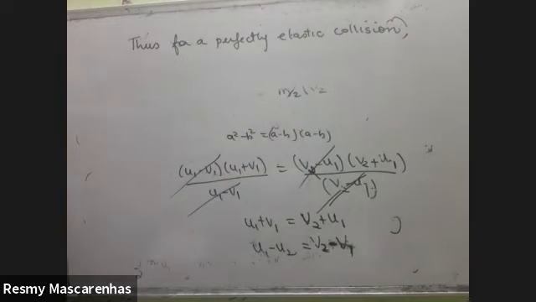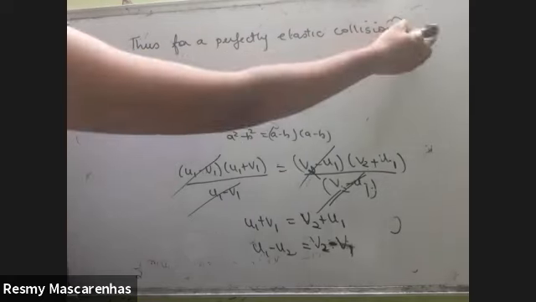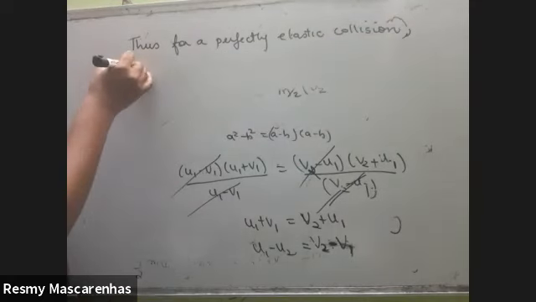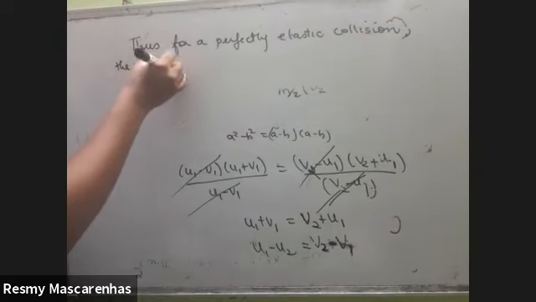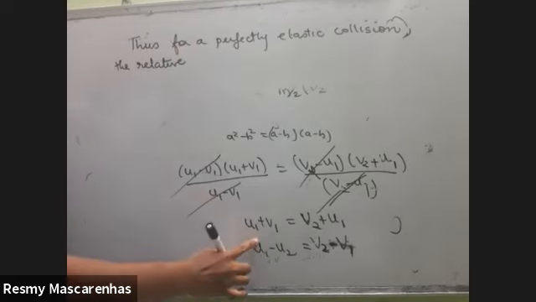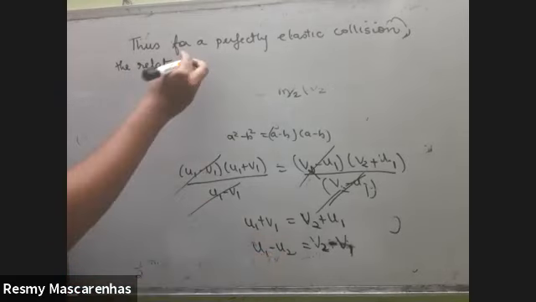For a perfectly elastic collision, the relative velocity. What does relative velocity mean? Relative velocity means the difference in the velocities.